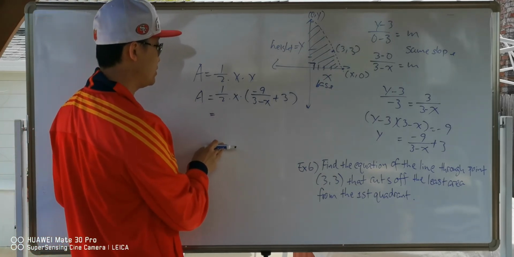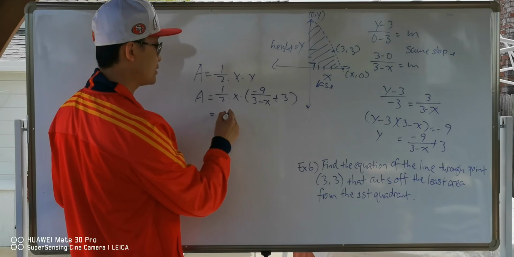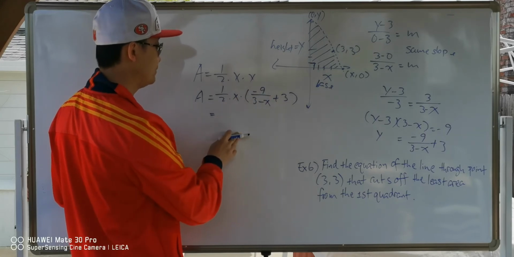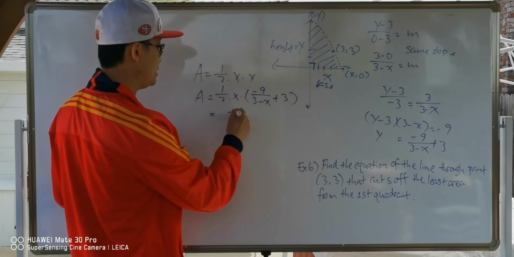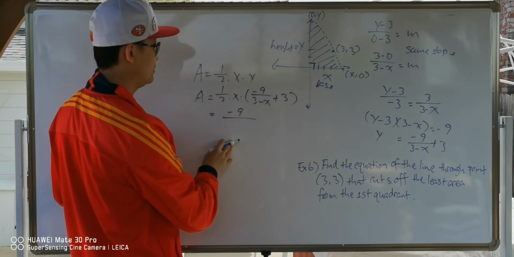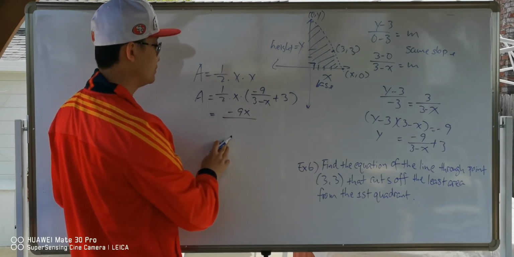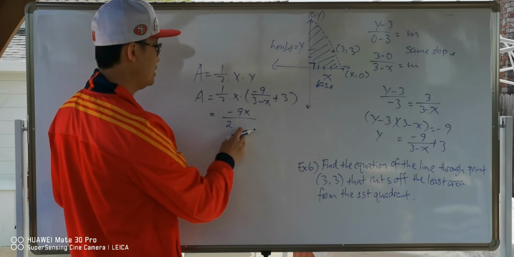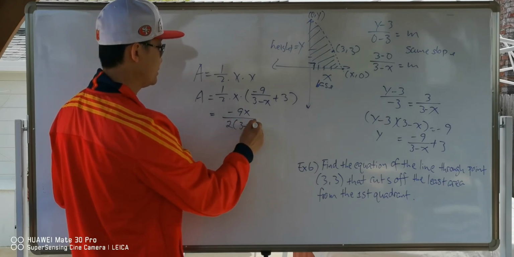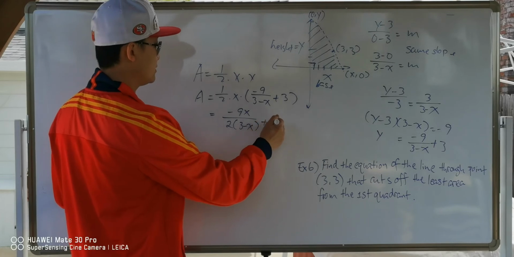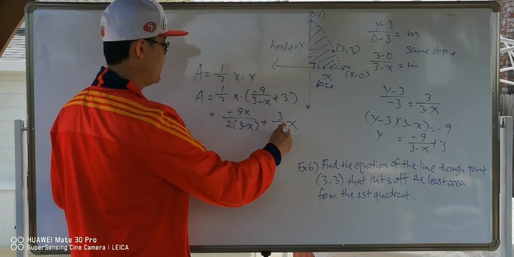So once you distribute, you do have 1/2 x times this. So that means it's negative 9x over 2 times the quantity of 3 minus x. And then plus 3/2 x.